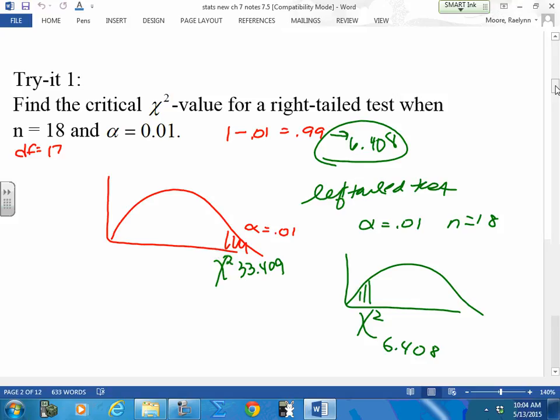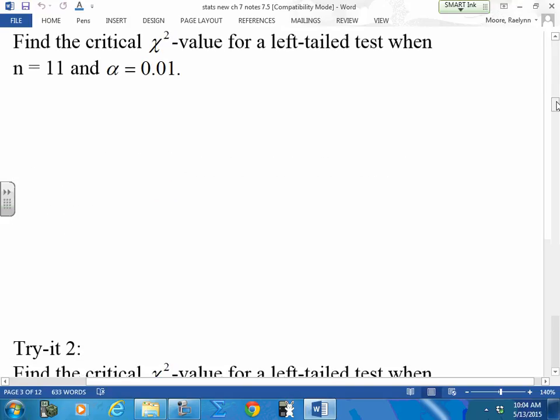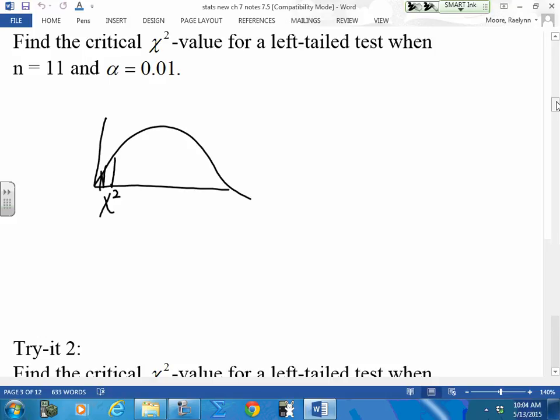Okay. So let's do a left tail test. Well, I just did one, but let's do another one. Find a critical value for a left tail test. So start your graph. We want a left tail test. Everybody write this down. What's my degrees of freedom?